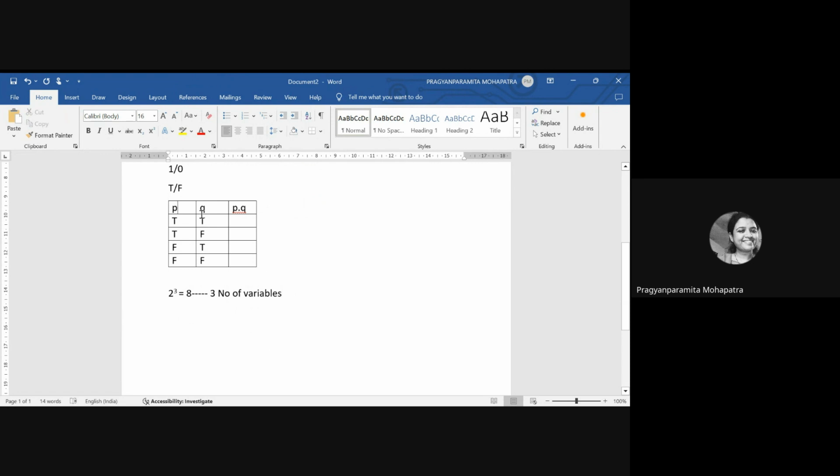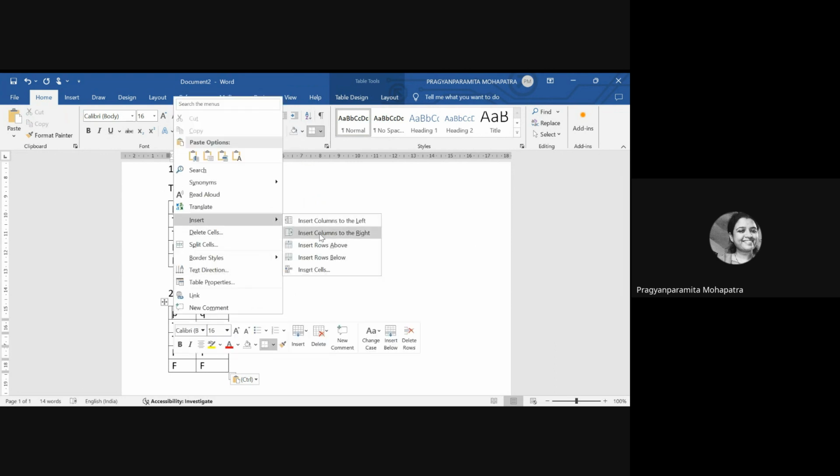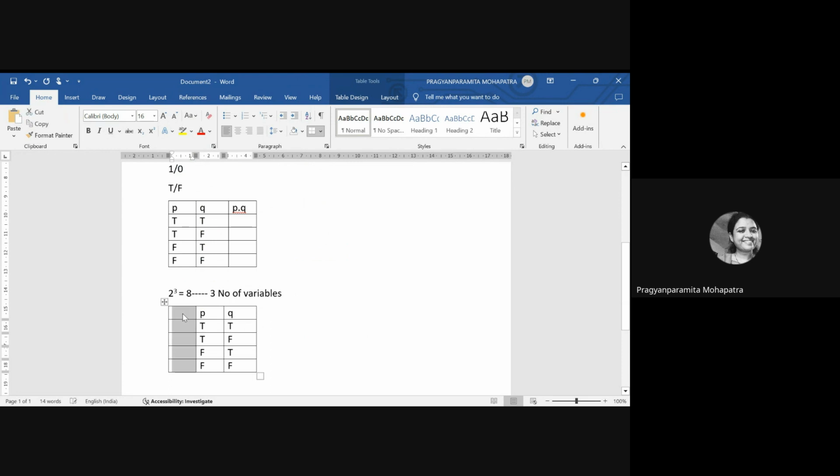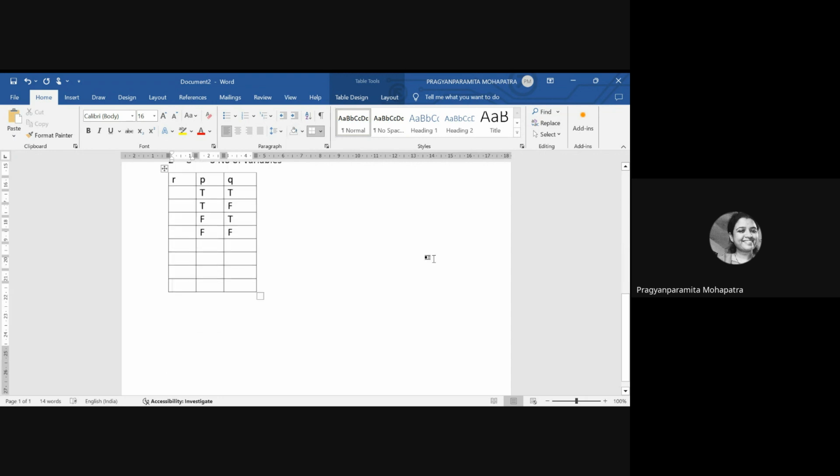Okay. Suppose along with P and Q we are having another variable called R. So now there are 4 rows, and we will have 8 rows. The extreme variable will have 1 T, 1 F, 1 T, 1 F, and we'll continue with this.